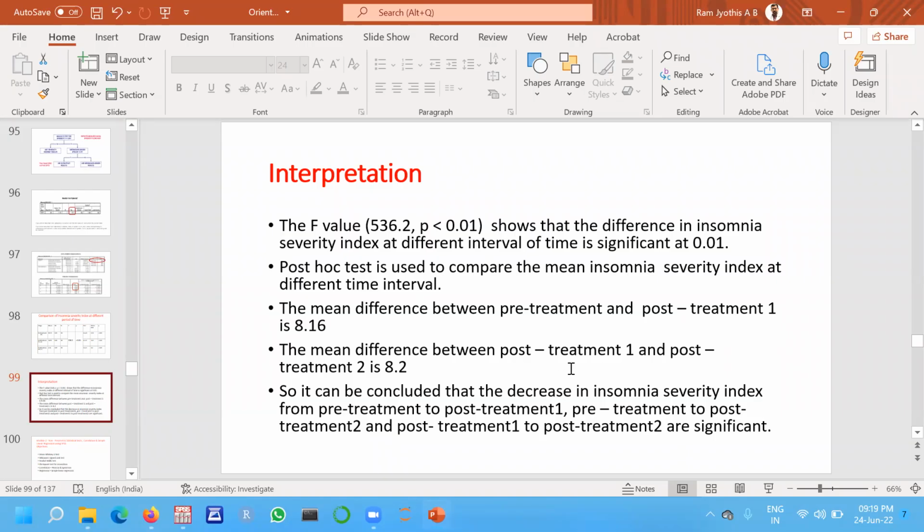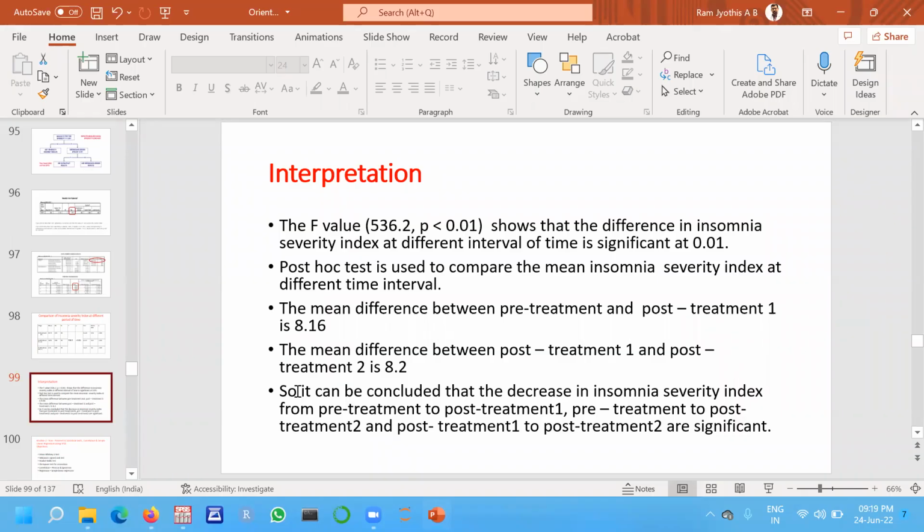The mean difference between post-treatment 1 and post-treatment 2 is 8.2. So it can be concluded that the decrease in insomnia severity index from before treatment to after treatment 1 and after treatment 2, and from post-treatment 1 to post-treatment 2, are significant. So the changes are significant between the groups.